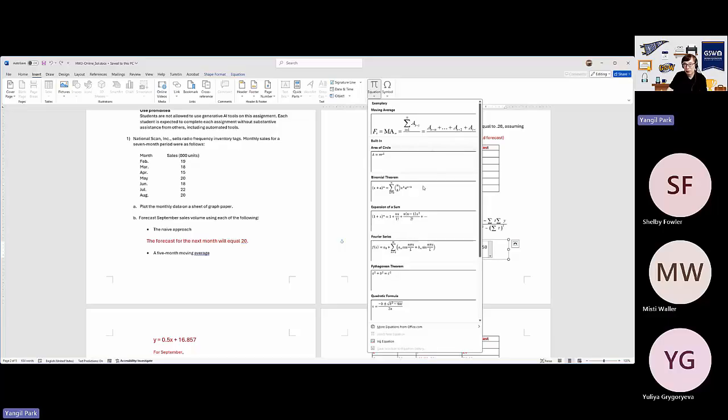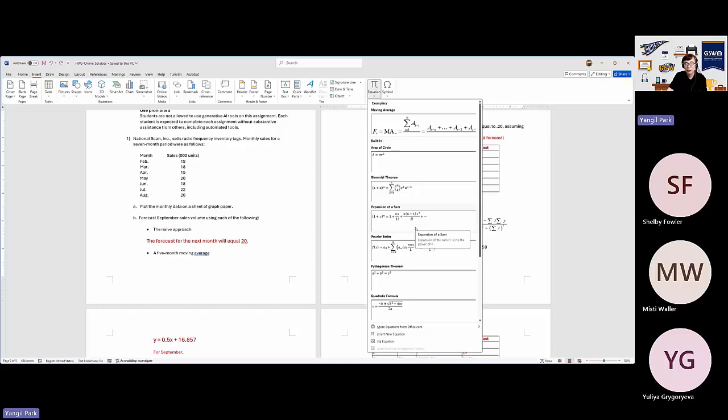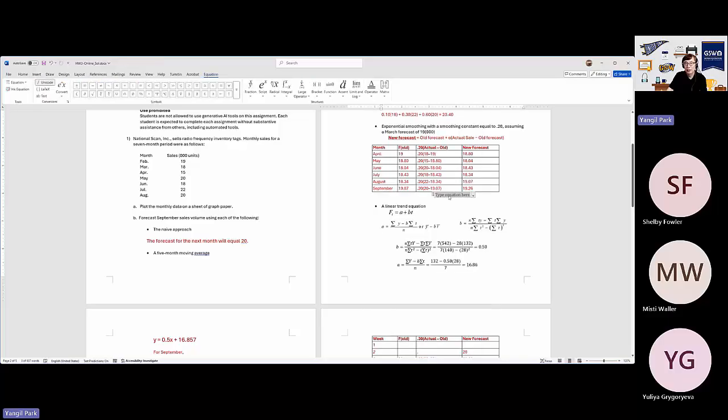Most likely, it's not going to appear from the list. Since I'm in the formula, it doesn't show it. But if you want to create a new formula, then you go to Equation. You click New Equation right here, so that you can type it in, like P equals A plus whatever B X, oops.